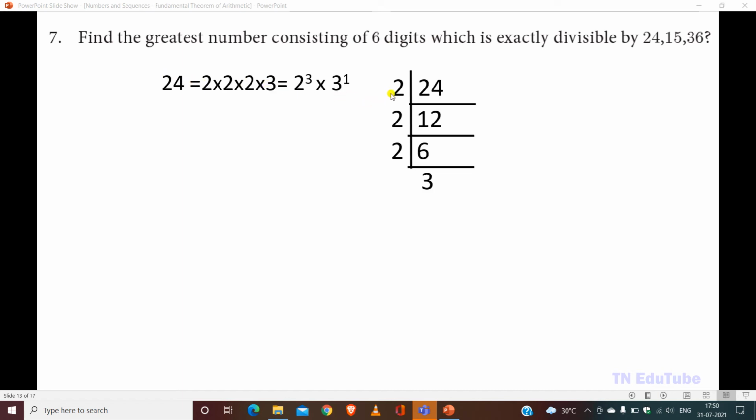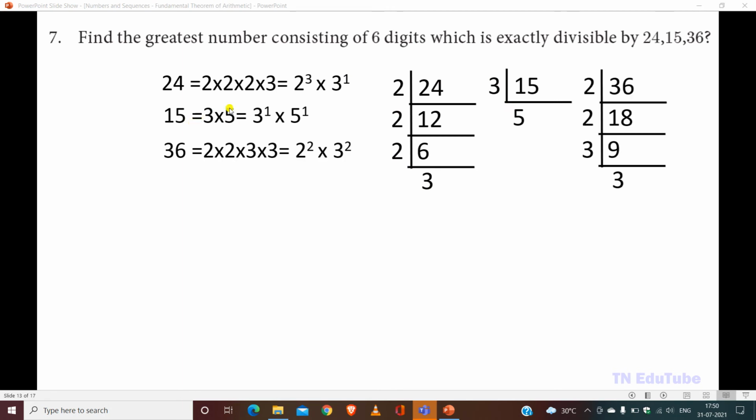So 24 can be factorized as 2 power 3 into 3 power 1. Like that, 15 can be factorized as 3 into 5. Then 36 can be factorized as 2 power 2 into 3 power 2.